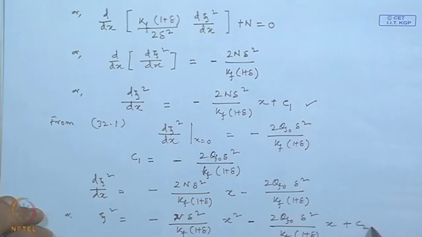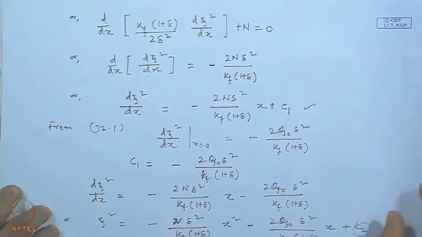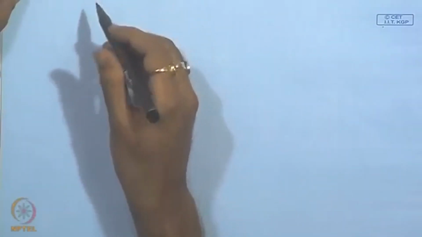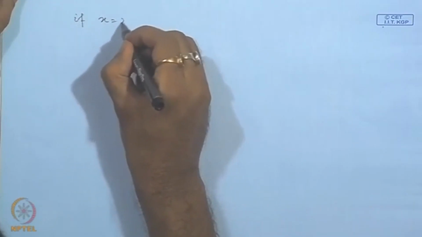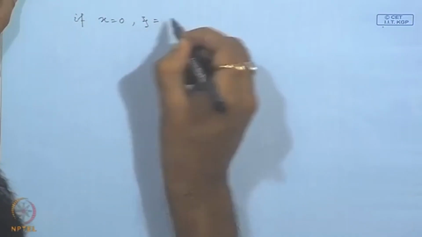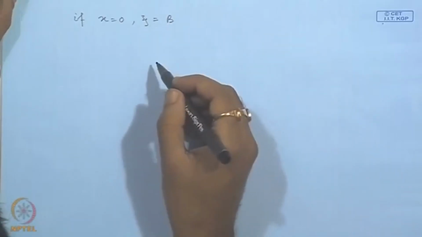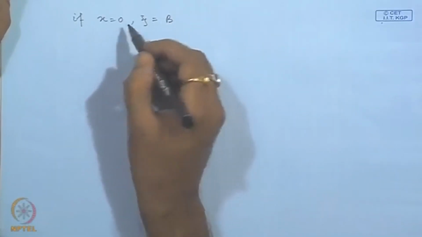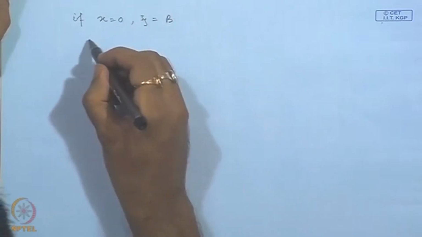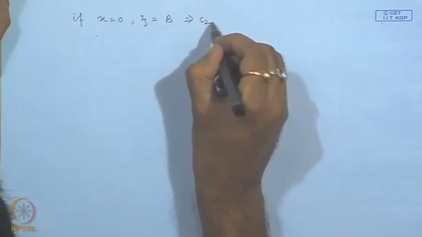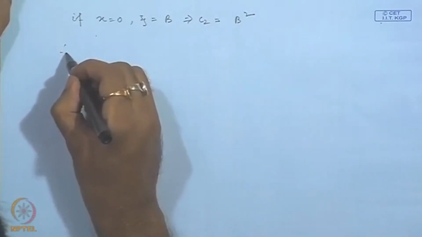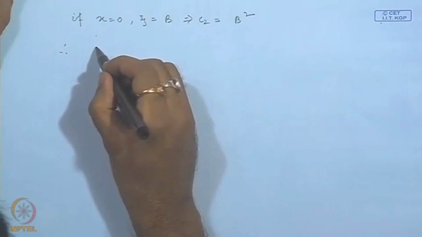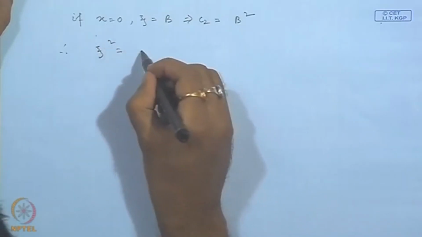This is again one integration constant. So, if we have x equals to 0, we will get xi equals to b. So, with this one we can get that C2 equals to b square.